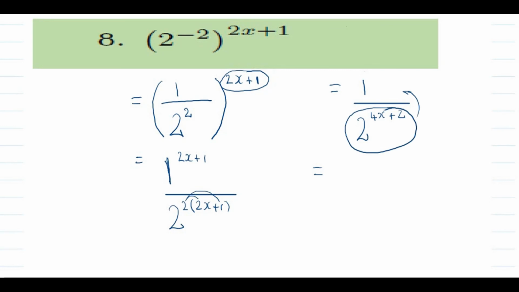And for you to take it into the numerator, what needs to change? The sign of the exponents needs to change. So it can be 2 to the power of negative 4x minus 2, or you can just say 2 to the power of negative 4x plus 2.